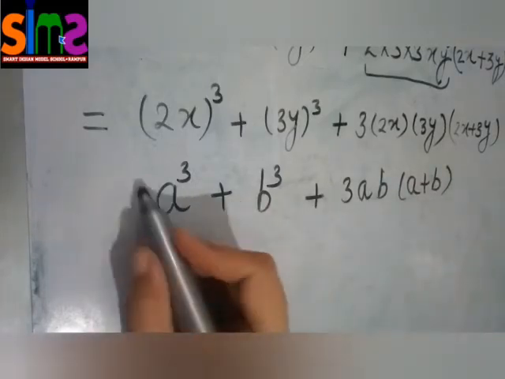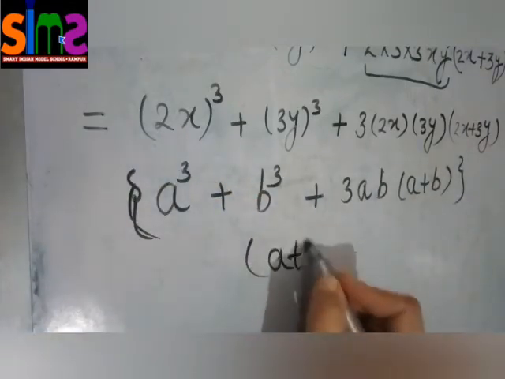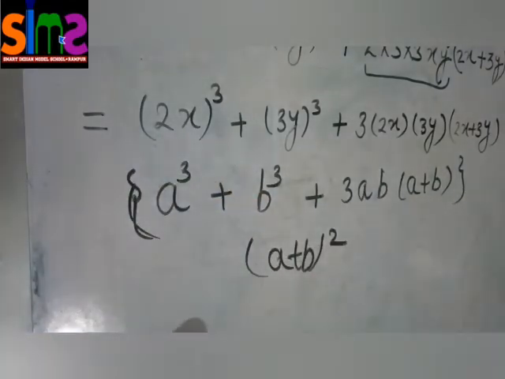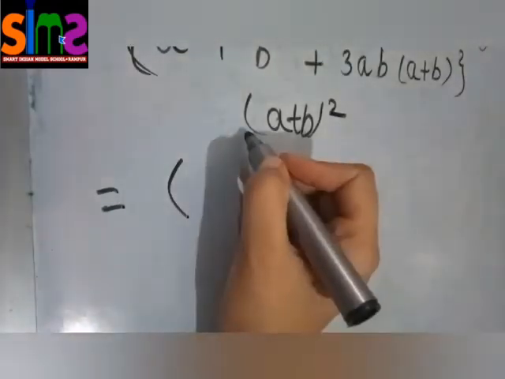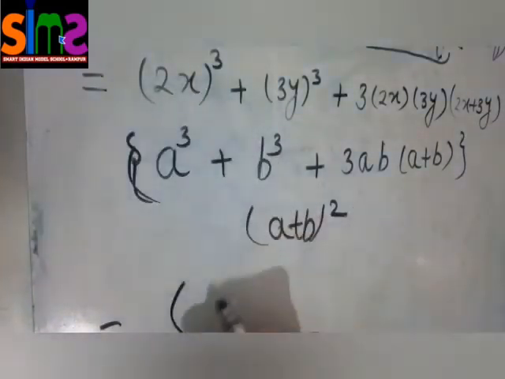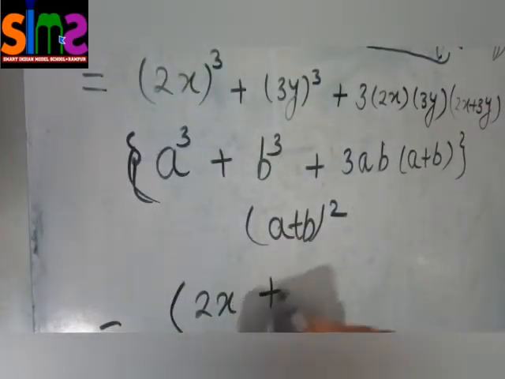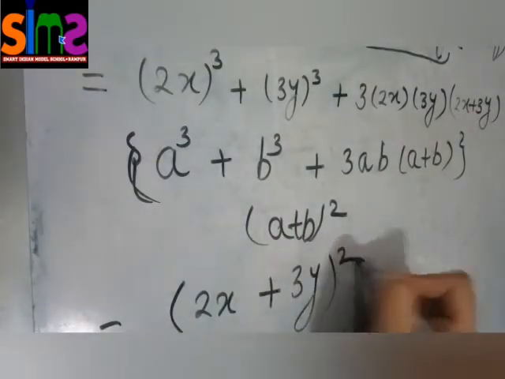The expansion of this term is whole square of a plus b, means we need to write down what is the value of a here. The value of a is 2x and the value of b is 3y, and we will put square on it.